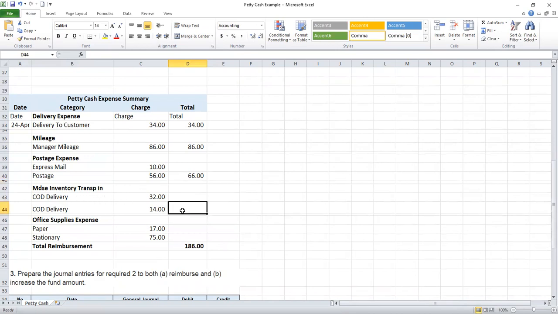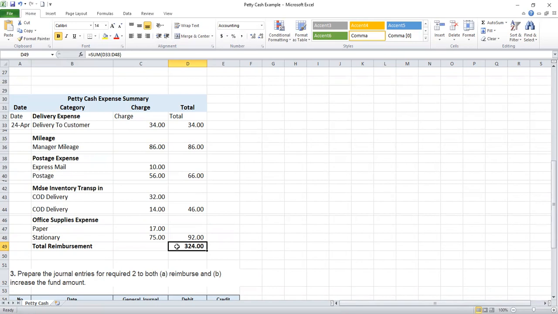Merchandise inventory transport in, it's $32 and the $14, so we're looking at $46. And then down here, we have the office supplies expense. We had two of them, and we're looking at $92. Okay, so it totals it up for you. It should total it. If it doesn't, just do your own calculation here for your total reimbursement.